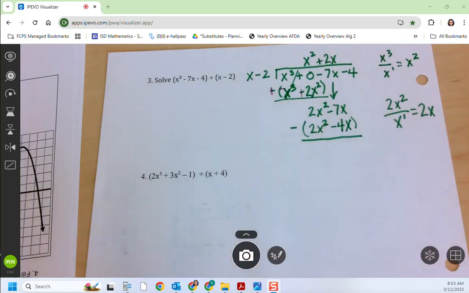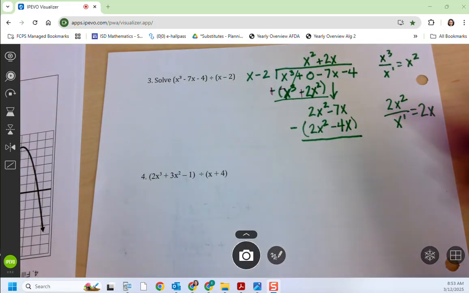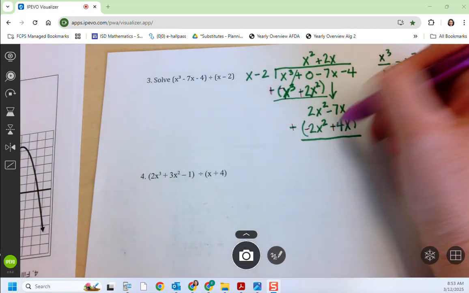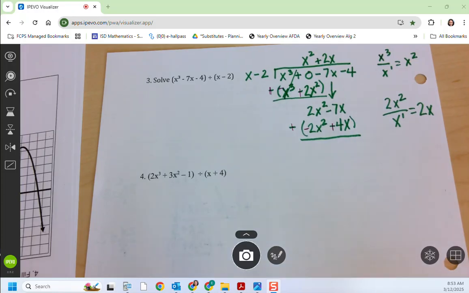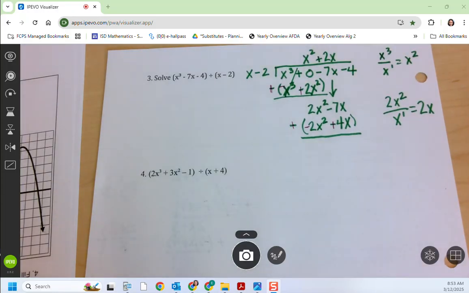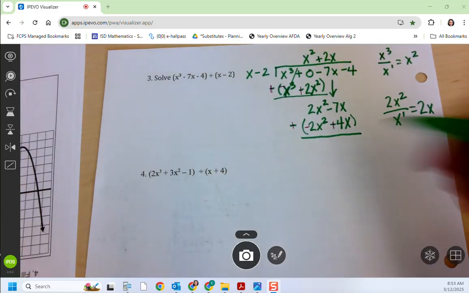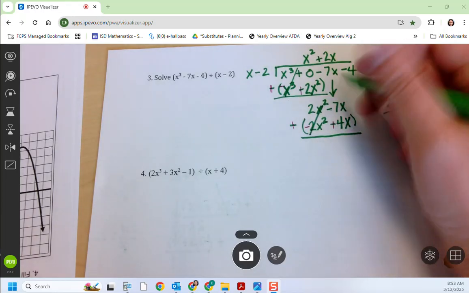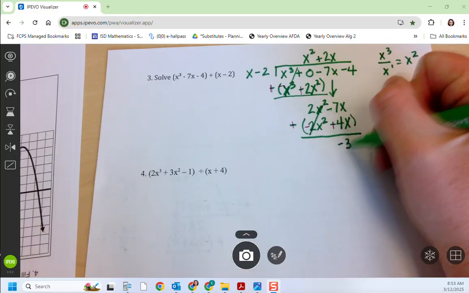And then distribute your subtraction. First term should cancel. And the second term's negative 7x plus 4x is negative 3x.